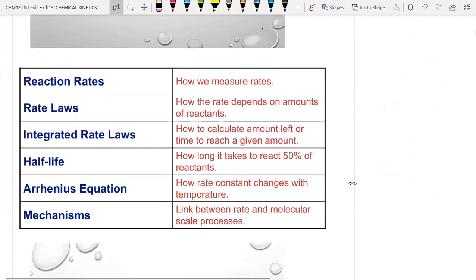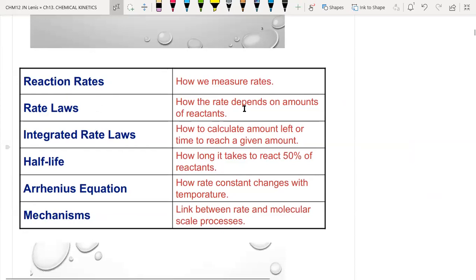So in general, this is what we're going to do in this chapter. We're going to study reaction rates. I'll show you how to measure rates and how to express rates. Different rate laws. We are going to study different rate laws.